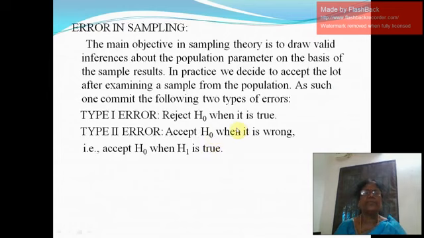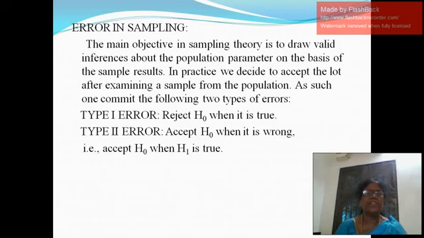Error in sampling. The main objective in sampling theory is to draw valid inference about the population parameter on the basis of the sample results. In practice, we decide to accept a lot after examining a sample from the population. As such, we may commit two types of errors.